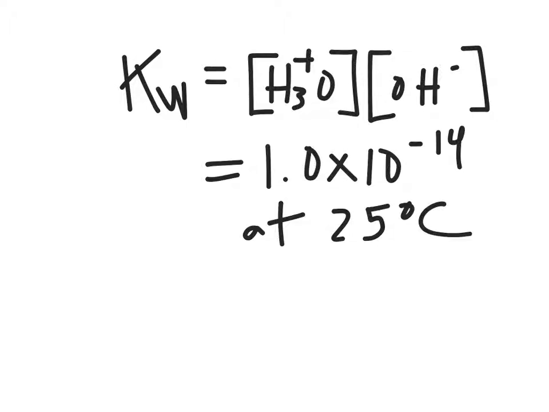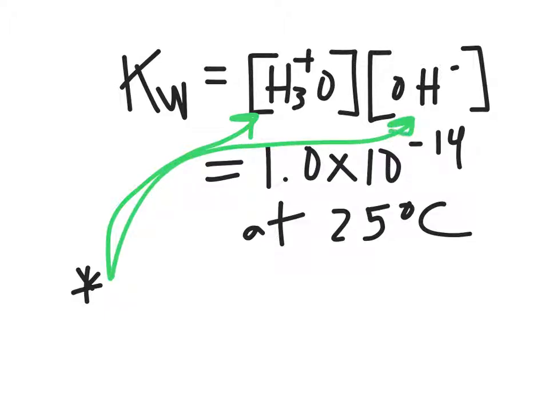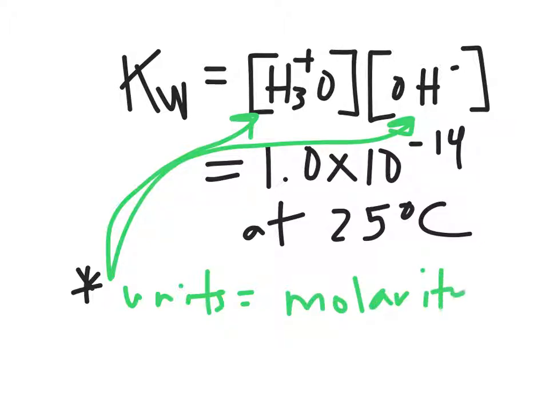So this number will change if we change the temperature, but we're usually talking about room temperature. So note that we don't have any units on this number, and that's because if we had units, they would be weird, so we just leave them off. What's important to note, though, is that the units of concentration here for the hydronium and the hydroxide must always be in molarity.